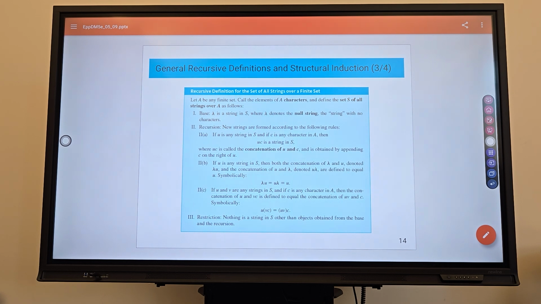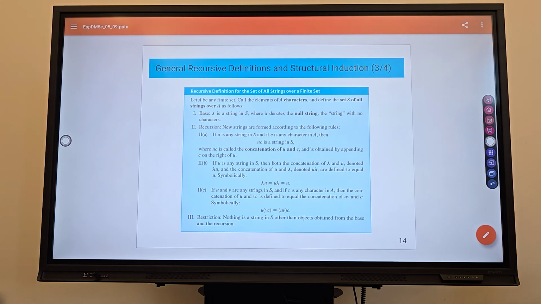The recursion. 2. New strings are formed according to the following rules. 2a, if U is any string in S, and if C is any character in A, then UC is a string in S, where UC is called the concatenation of U and C, and is obtained by appending C on the right of U. Rule 2b.